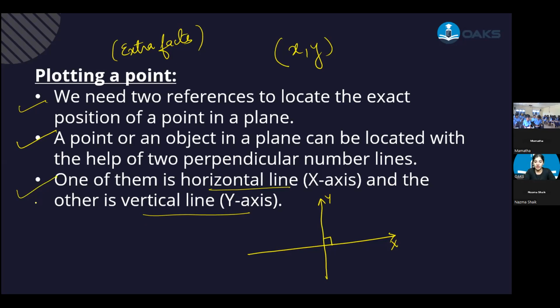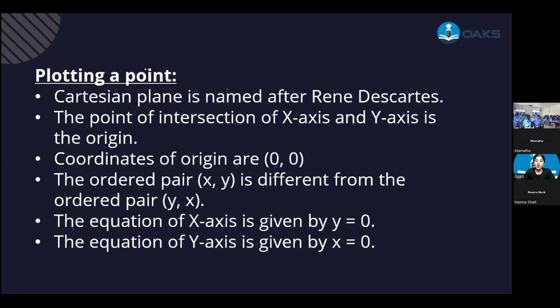Now moving ahead, in plotting a point, you all know that the Cartesian plane is named after René Descartes. He was a mathematician. The point of intersection of the x-axis and y-axis is the origin.